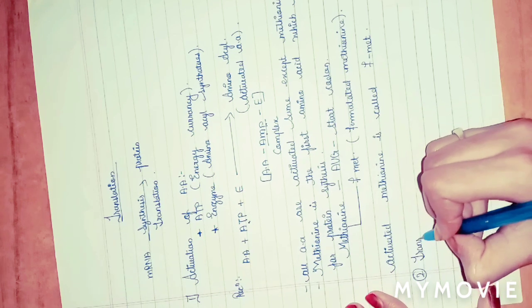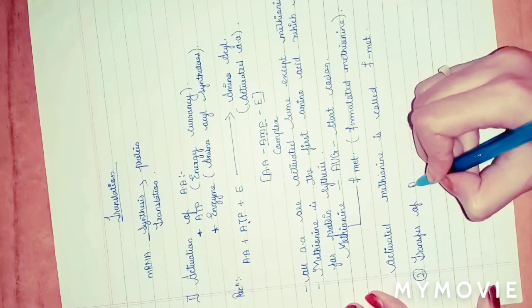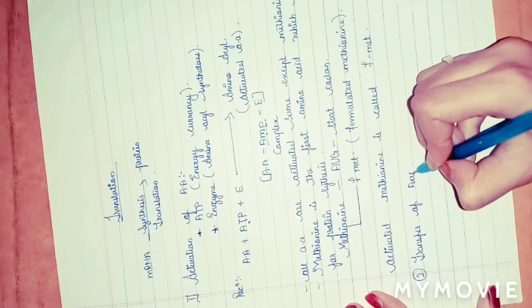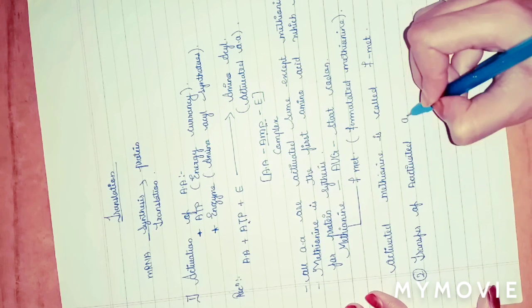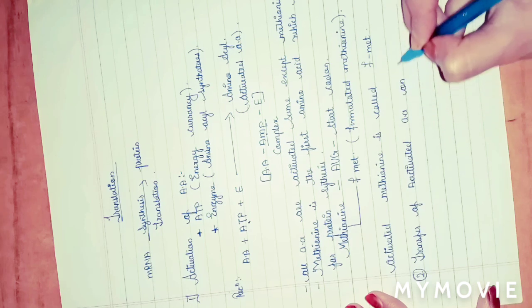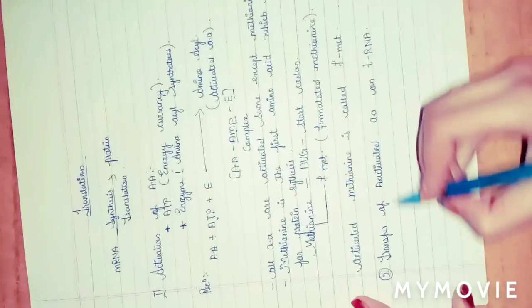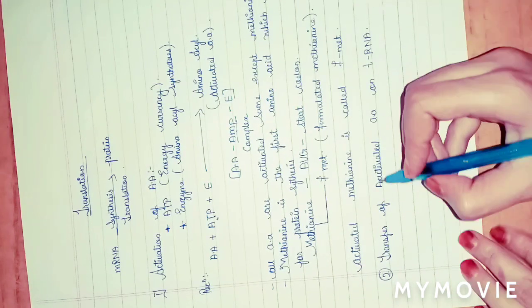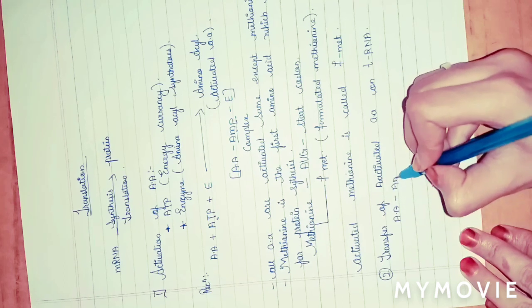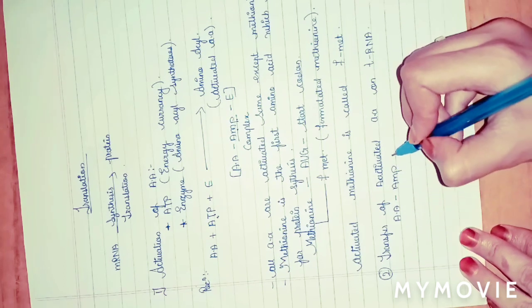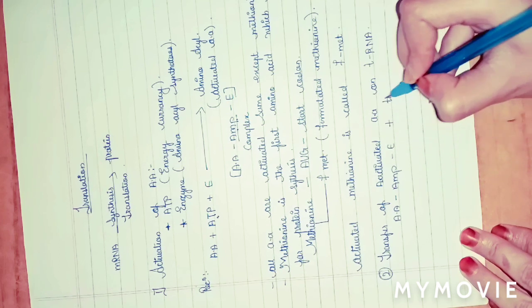Transfer of activated amino acid on tRNA. Now we have the reaction: amino acid AMP, adenosine monophosphate, enzyme complex plus tRNA.